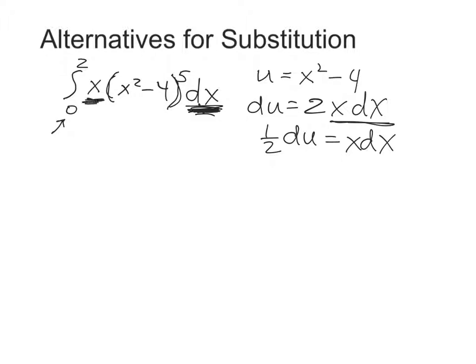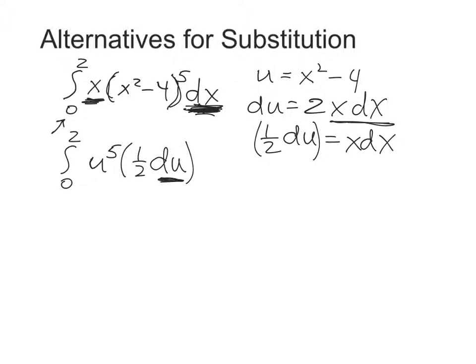So this x dx now becomes 1/2 du. So as we do the substitution, we'll end up with u to the 5th and then times 1/2 du. Well, we're kind of not doing this quite right here. The notation is not quite right.